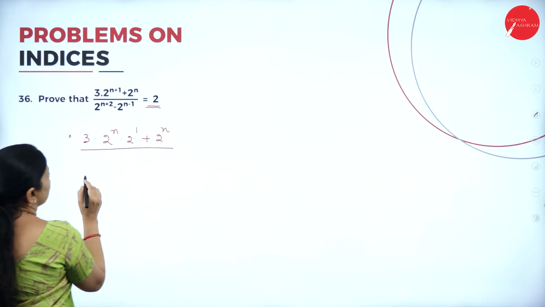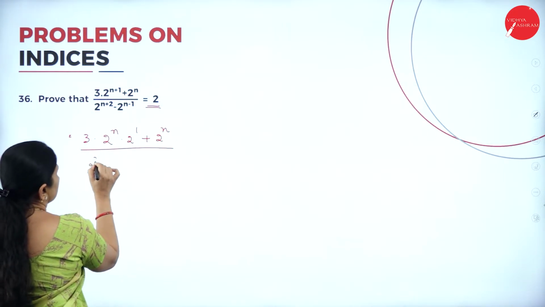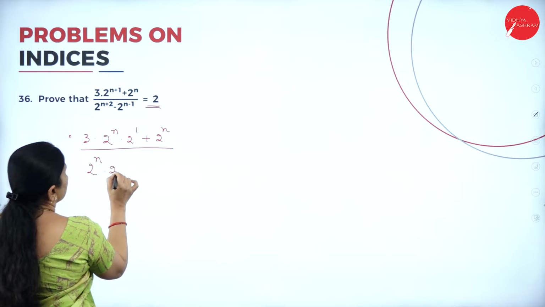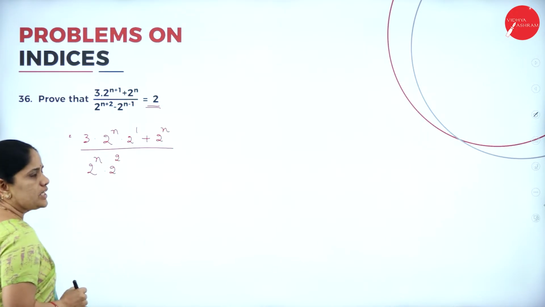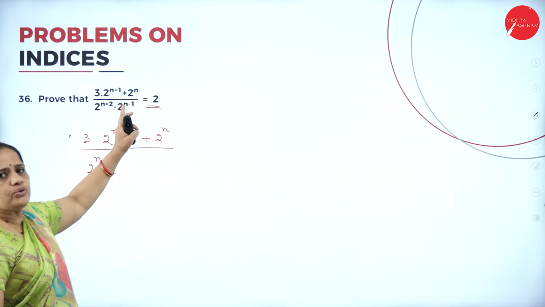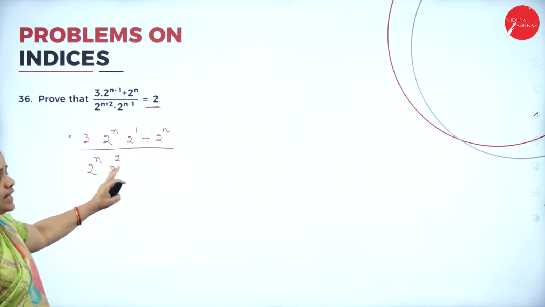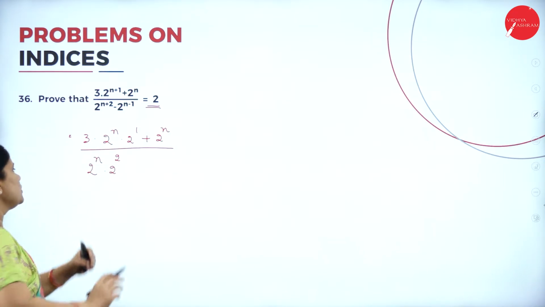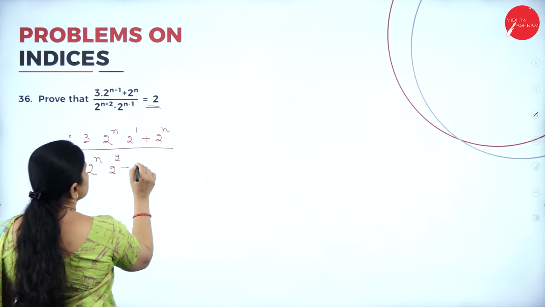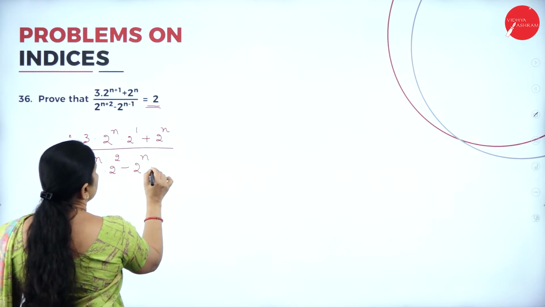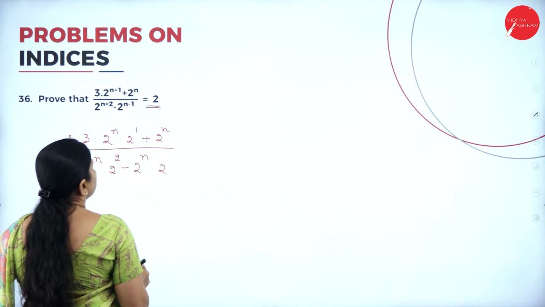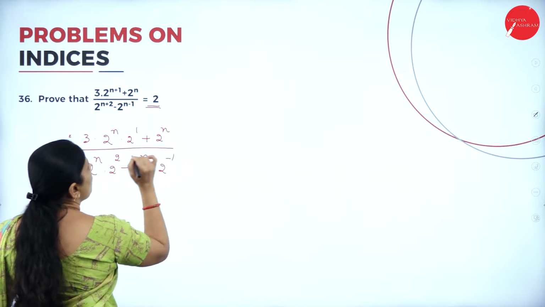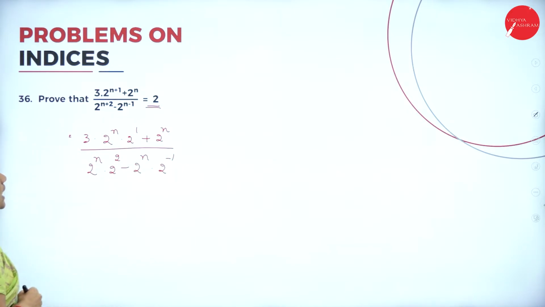Again, in the denominator, I will write 2 to the power n into 2 to the power 2. So, this n plus 2, I am writing it separately, 2 to the power of n and 2 to the power of 2 minus 2 to the power of n into 2 to the power of minus 1. So, this is how we have to split it and write.